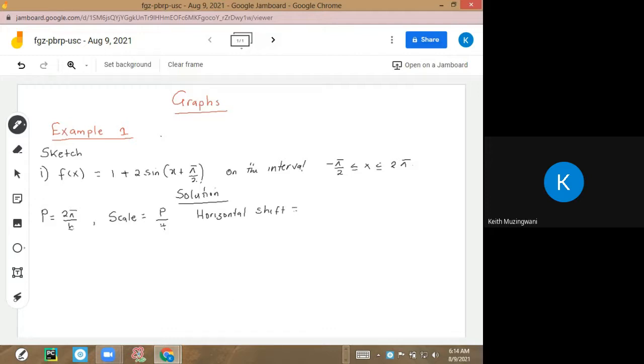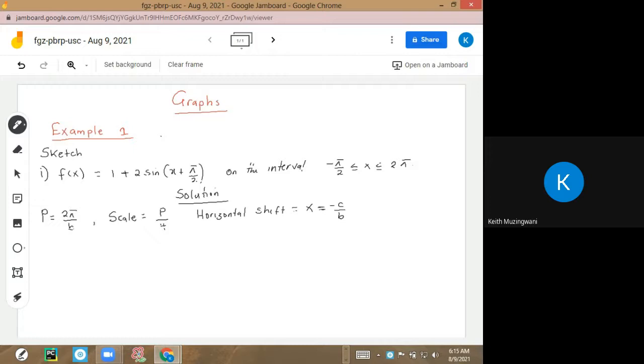The horizontal shift is obtained as x is equal to negative c over b. We are used to such formulas because we've done the quadratics, we've done the polynomials, so you can see how they have fixed formulas. So the question now is, where do I find b? Where do I find c?